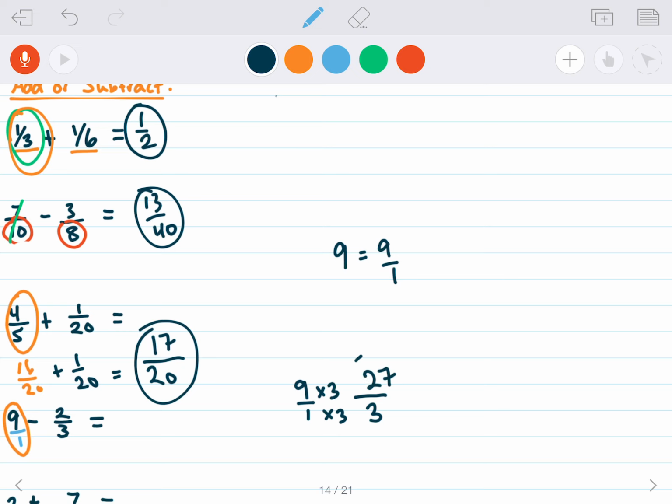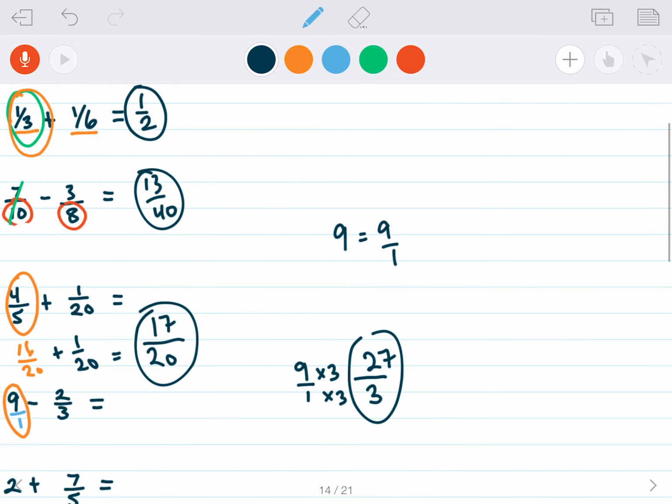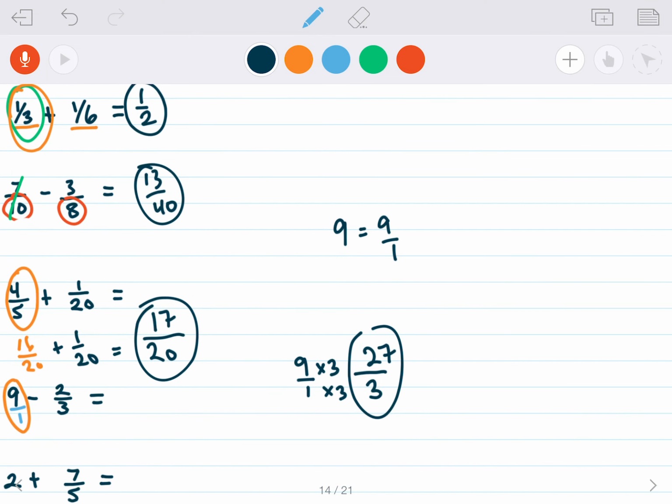So 9 is secretly 27 over 3, or 27 divided by 3, if you like to think about it like that. So this problem now becomes, instead of 9 over 1 minus 2 over 3, 27 over 3 minus 2 over 3.